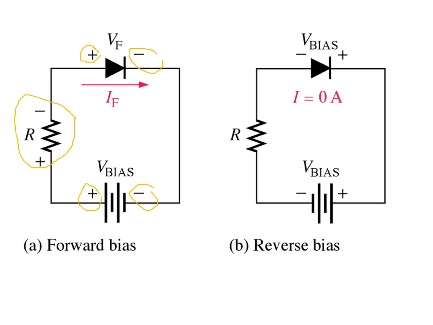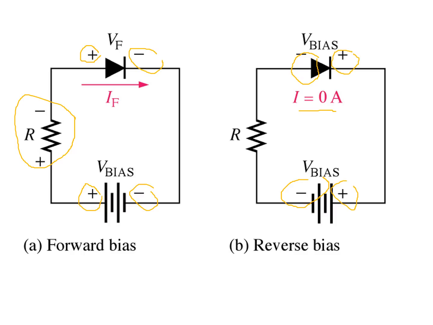While reverse bias is the condition that essentially prevents current through the diode, so I is equal to 0. A diode is reverse biased when a voltage source is connected as shown in this figure. The negative terminal is connected to the anode side of the circuit, and the positive terminal is connected to the cathode side of the diode.